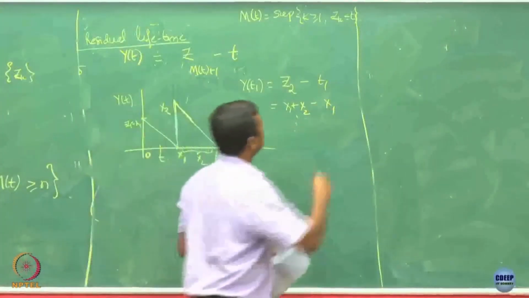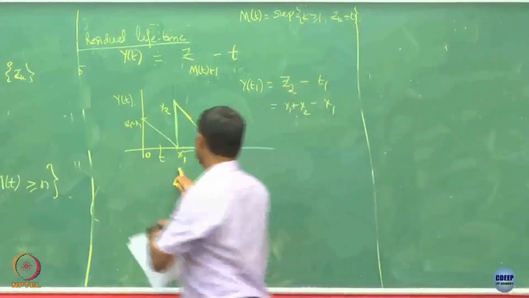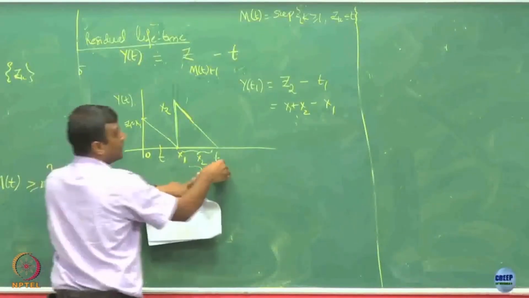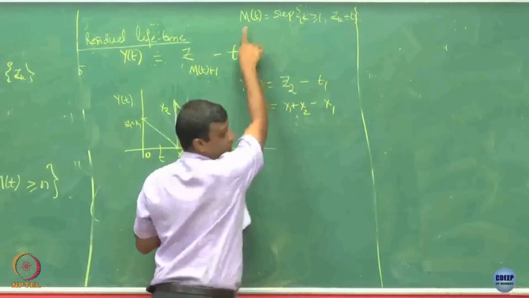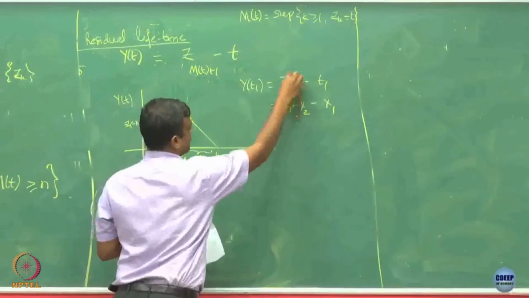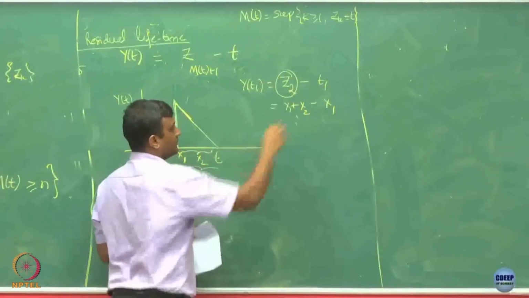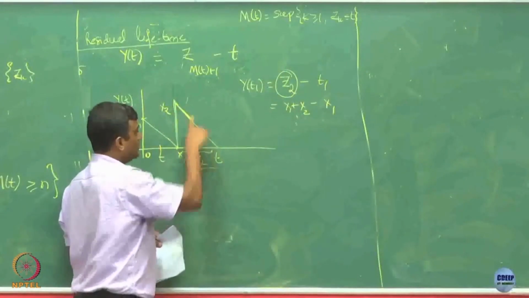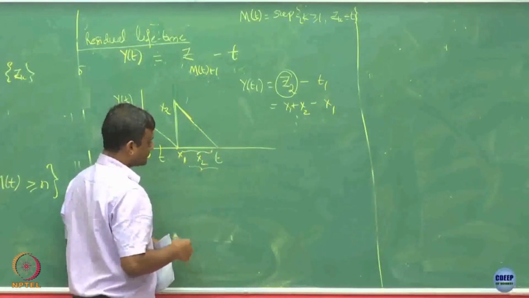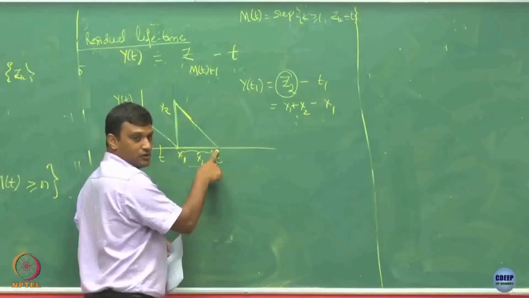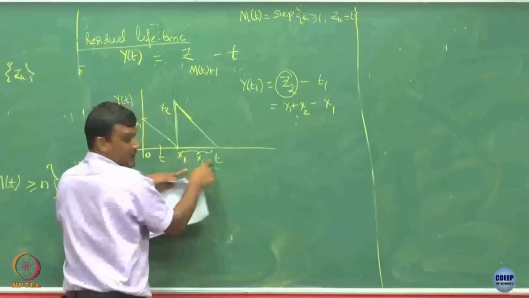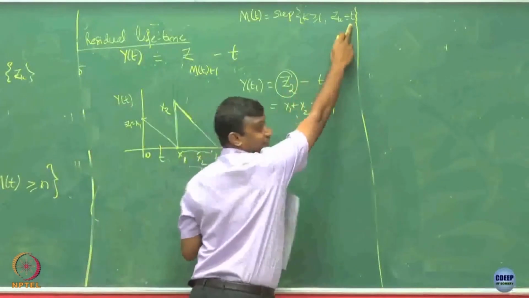But once I come here, till my t increases by amount X2, the value of M(t) is not going to change. So till this time this is going to remain Z2, but t is increasing, so it is going to pull it down. But suddenly when you have increased till X2, then your t becomes X1 plus X2, which is Z2.